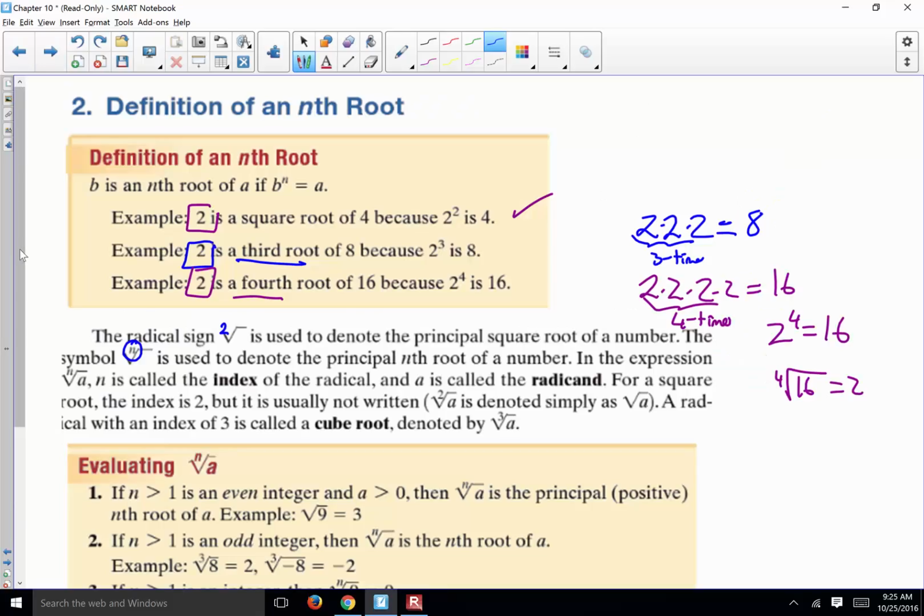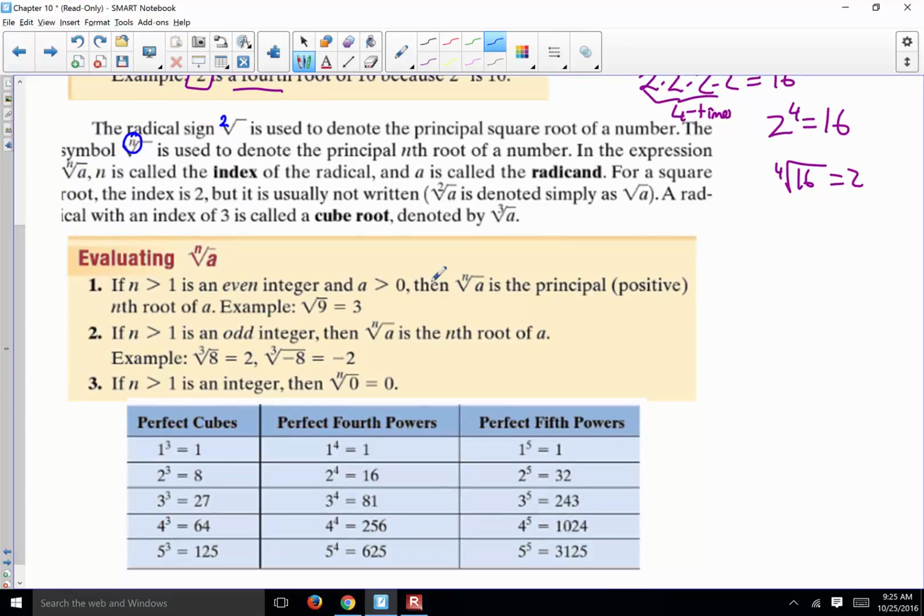So when I see now 3 or n, I know that this number will be multiplied that many times. Again, that number outside is called the index, and the number inside is called the radicand. These are the words I will be using. Index is the number outside, n, such as the index of this one is 4.